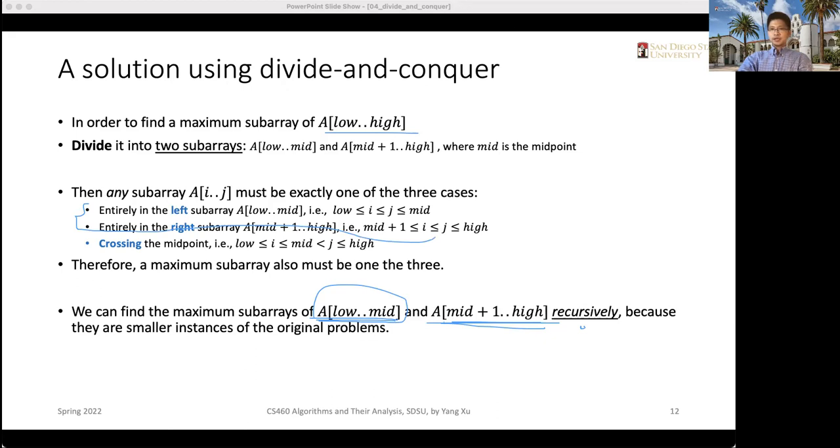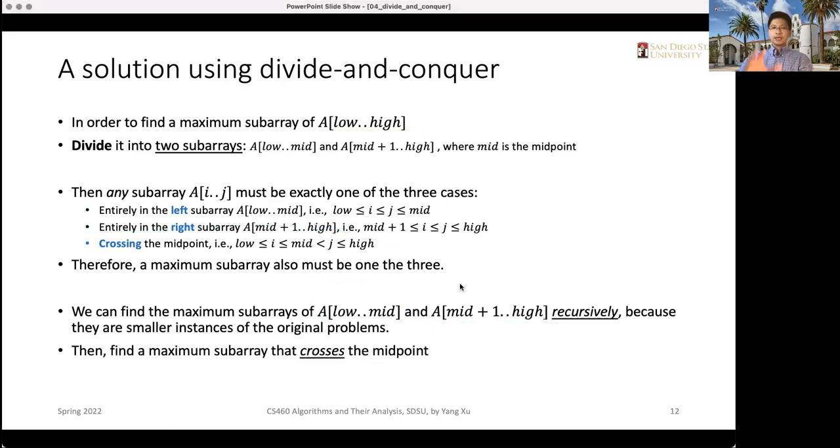But the third case, the maximum subarray that crosses the midpoint, is a special case. It is not a smaller instance of the original problem, because it has a constraint: the starting index and the ending index of the subarray must cross the midpoint. So it's not a free problem, it's a constrained problem.